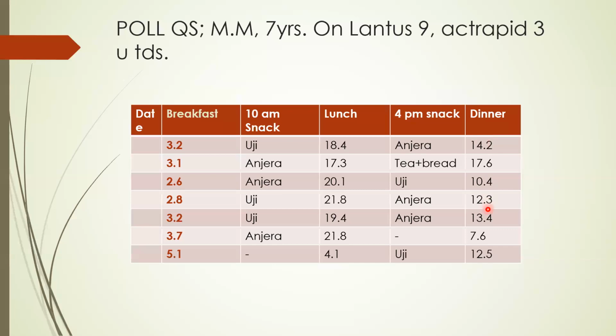The dinner readings are also high, 90%, except one reading. Then you look at the snack that this boy has been getting, either uji or injera, and they're not even indicating how much injera the boy is getting. Again, the 4 p.m. snack is injera, tea, bread, uji. So the question here is, what would you want to adjust? Let's get responses from the chat, please.